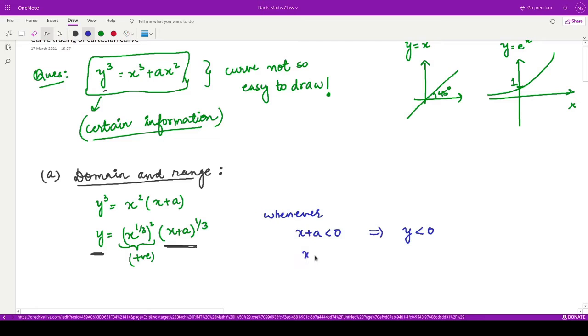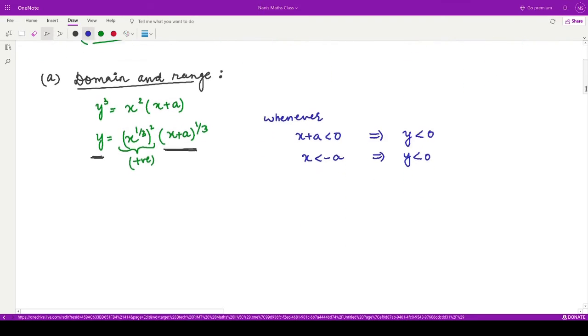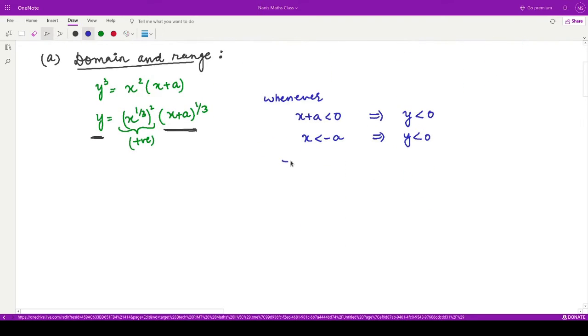That means whenever x is less than minus a, you would have y less than 0. So in this interval minus infinity to minus a, our curve would lie below x-axis.